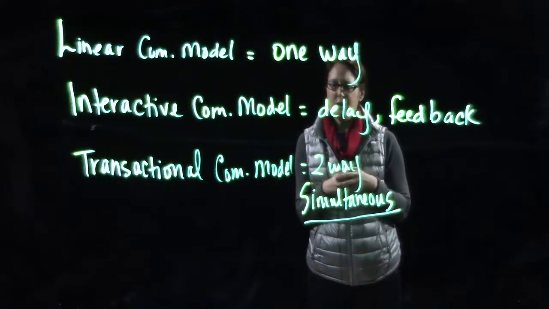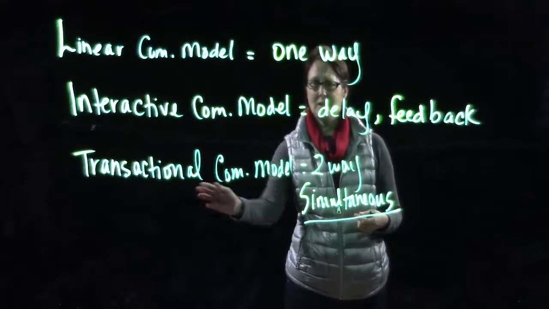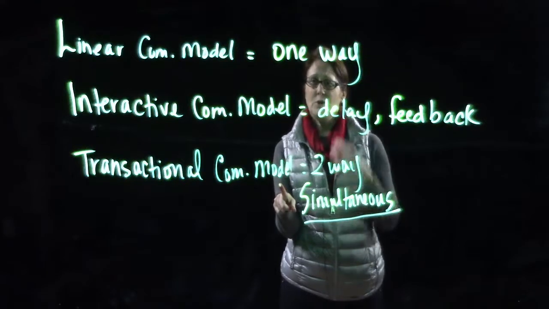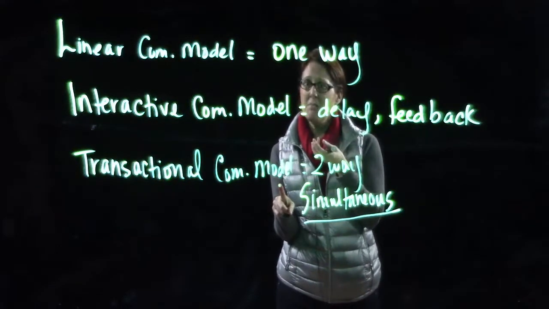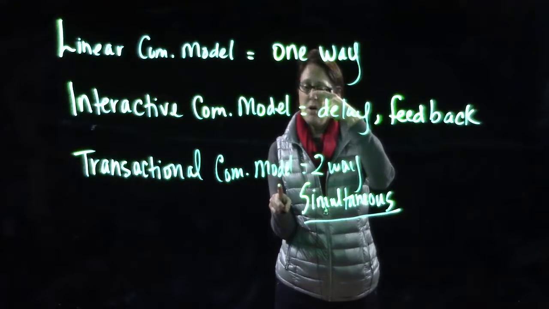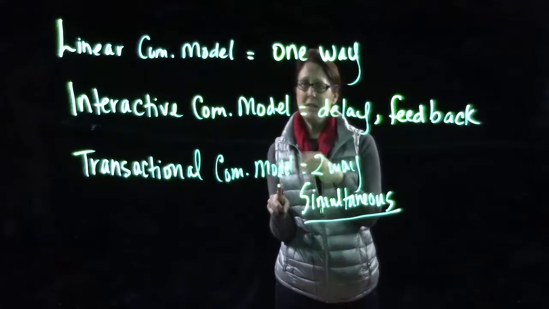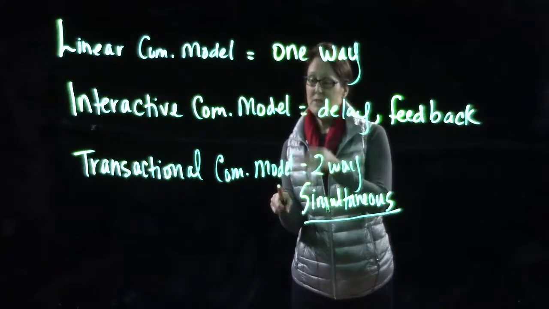There's a lot of energy. While I'm sending this message about the transactional communication model, you're receiving it at the same time, formulating a reaction. Maybe you already want to ask a question, and you're sending feedback to me while I'm conveying this message.